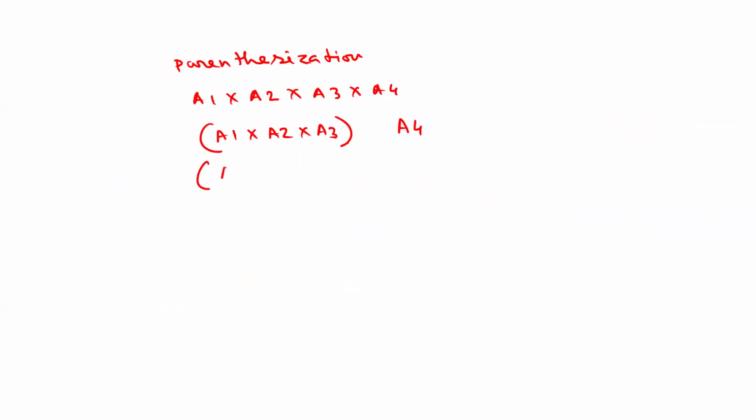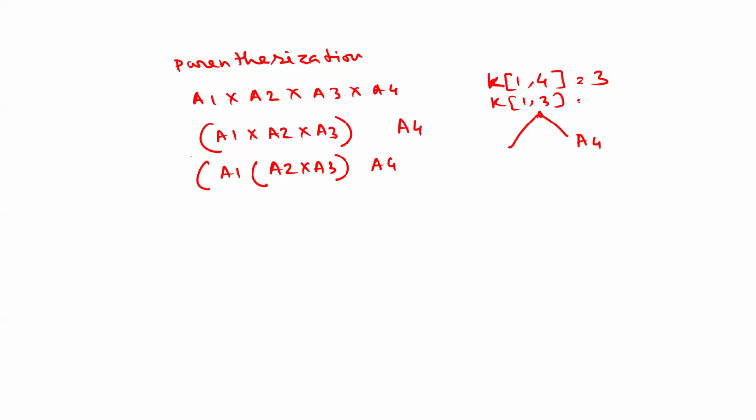So first, in the k table, k for 1 to 4 is 3, so A4 is separated from A1, A2, A3, and then we find that k for 1, 3 is 1.